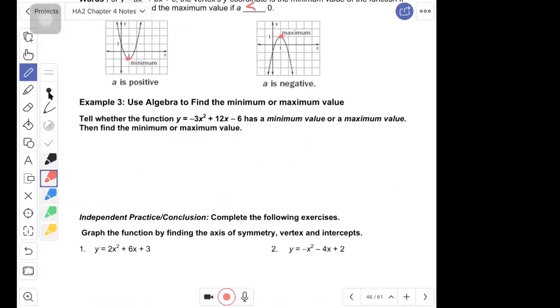So they're saying tell whether the function y equals negative 3x squared plus 12x minus 6 has a minimum value or a maximum value. We'll pause right there. Does this function have a min or max? We don't have to worry about the value yet, but do we know whether it's going to be a min or a max value? What is our a value?